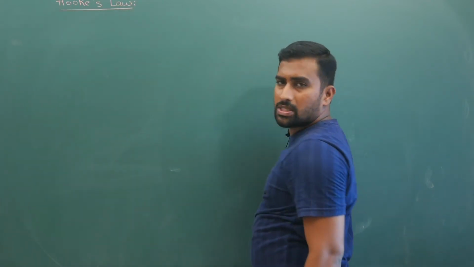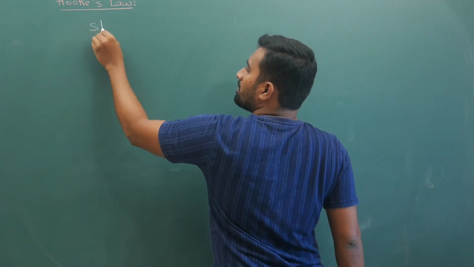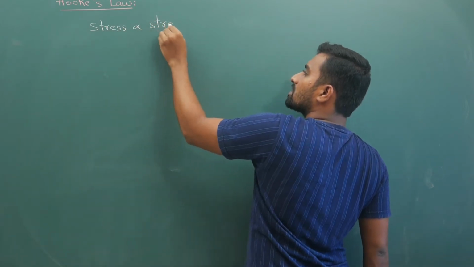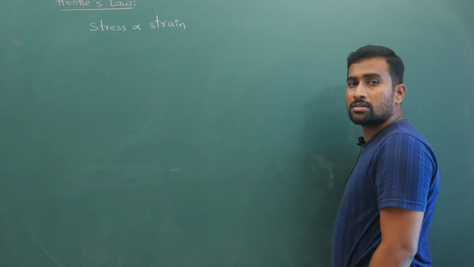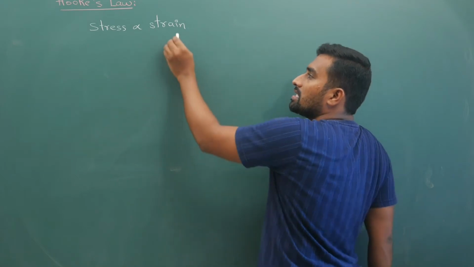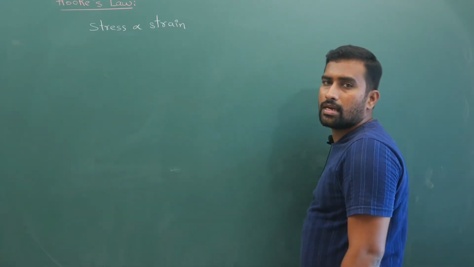Experimentally it was observed that for most materials, stress is directly proportional to strain. Obviously, if you apply more stress, you will have more strain, that is, more change in length per unit length. Your strain is change in length by original length, and stress is your restoring force by area.